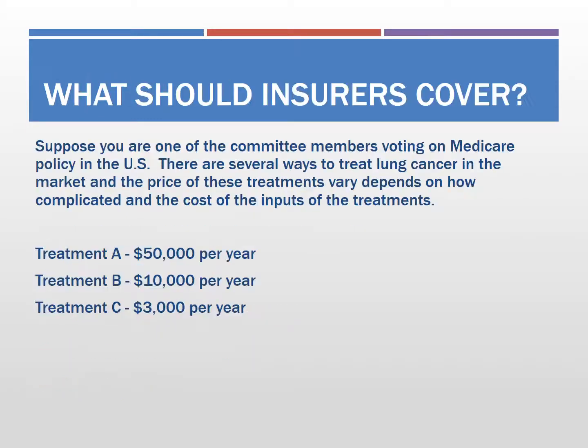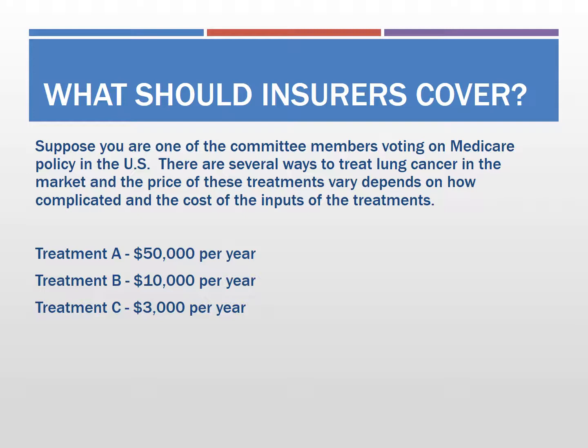The situation given here is, if one day you become one of the committee members voting on Medicare policy in the US, there are several ways to treat lung cancer in the market. Let's suppose the price of these treatments varies, depending on how complicated it is or how much capital input has to contribute to the treatment.